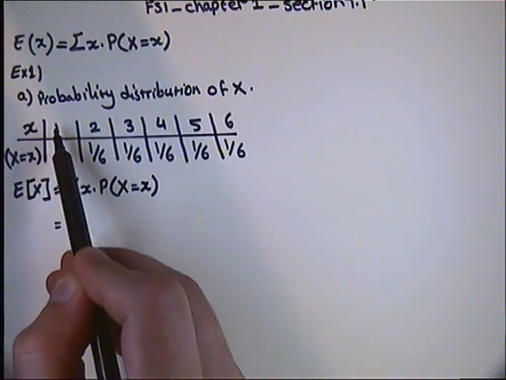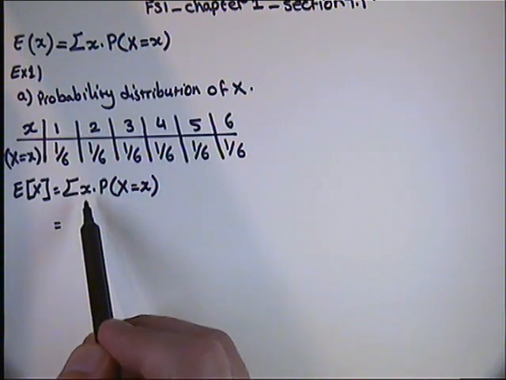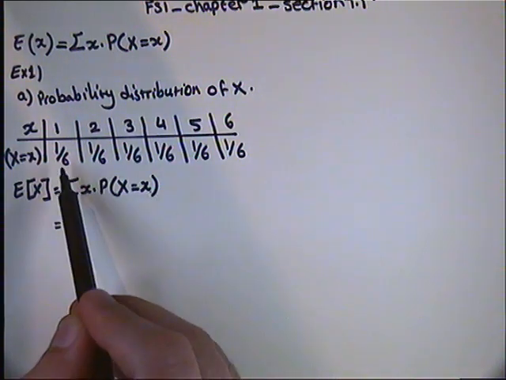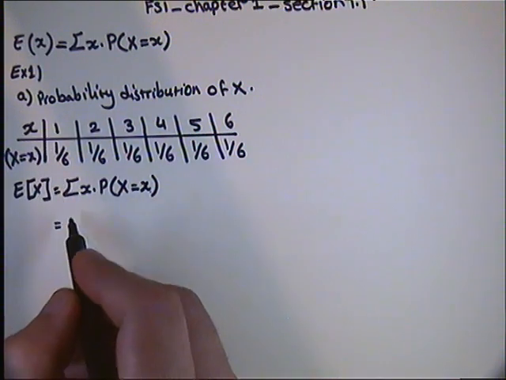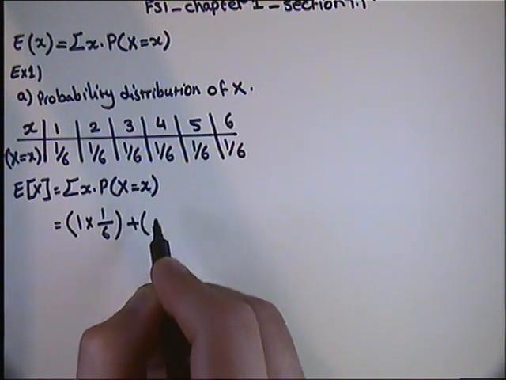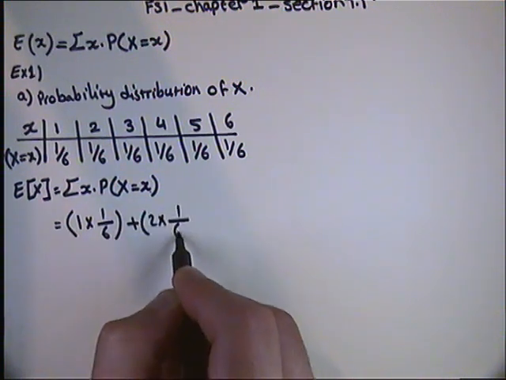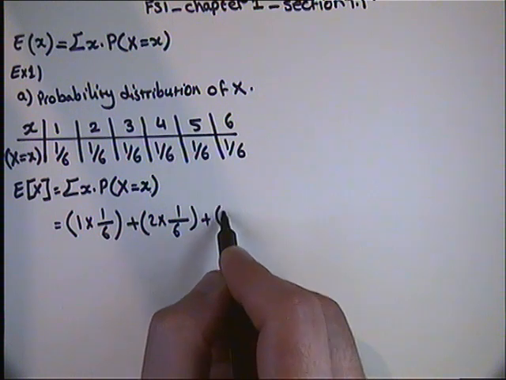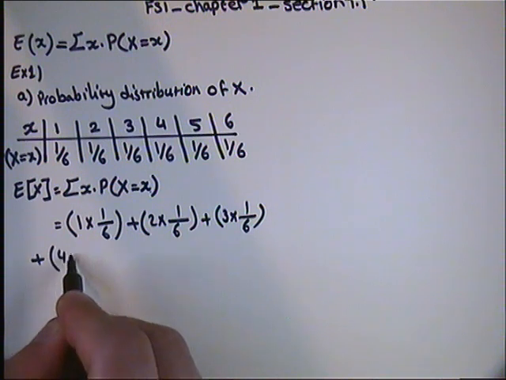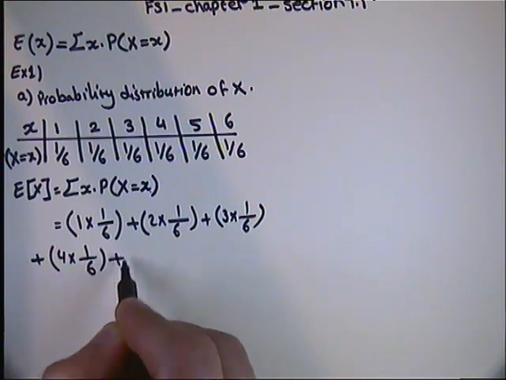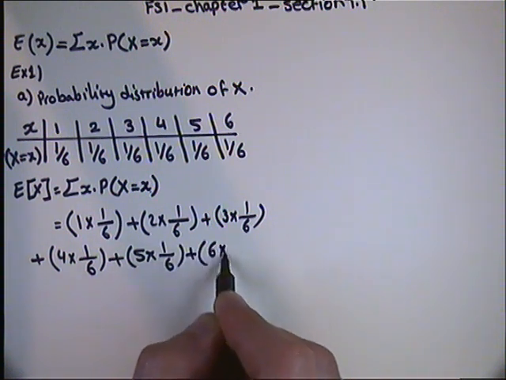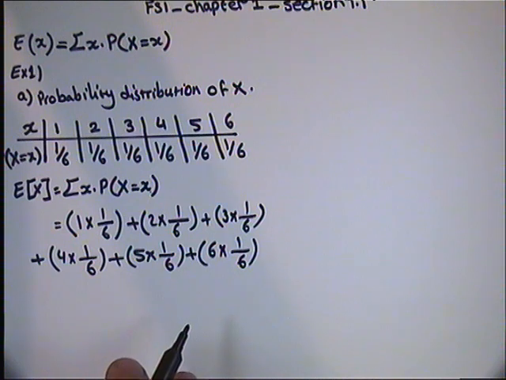This lowercase x represents the outcomes, and probability of random variable X equals x represents the probability of each outcome. So it would be 1 times 1 over 6 plus 2 times 1 over 6 plus 3 times 1 over 6 plus 4 times 1 over 6 plus 5 times 1 over 6 plus 6 times 1 over 6.